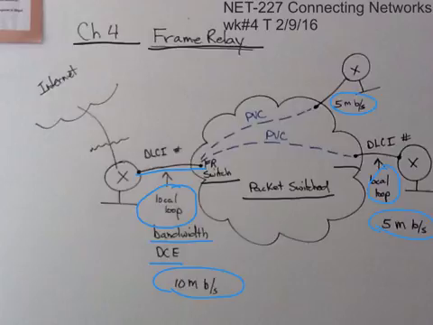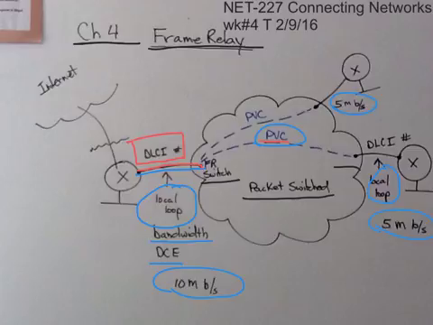Frame relay allows us to create a permanent virtual circuit. There's such a thing as a switched virtual circuit, but it's a permanent virtual circuit. So on each end, for example over here, they get a DLCI number. That DLCI number connects into this frame relay switch and connects it to a particular virtual circuit.